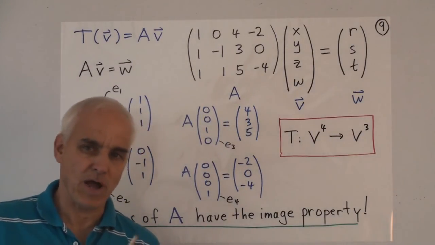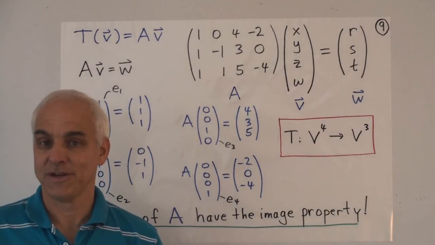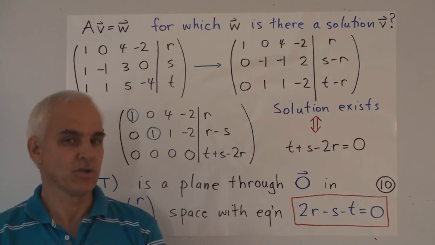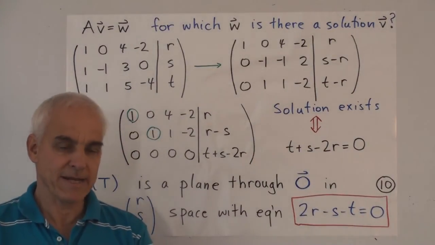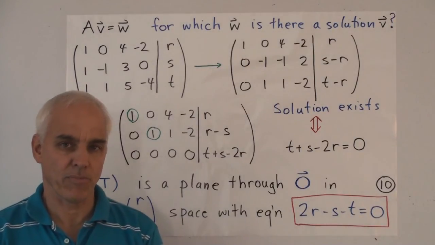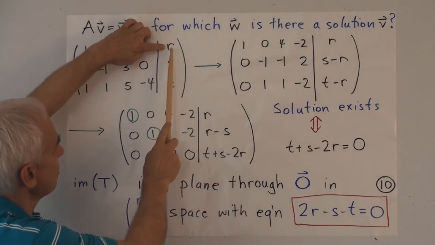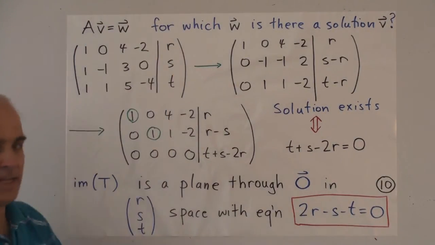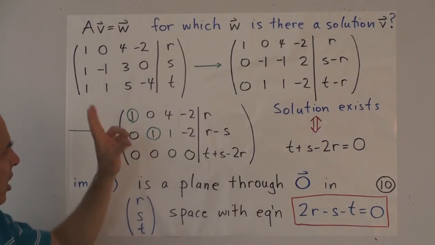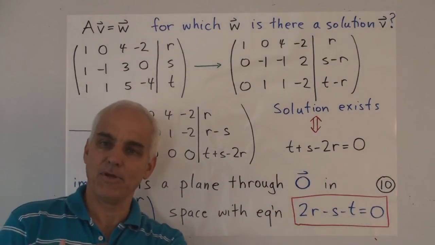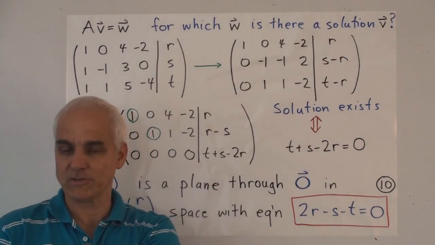So how do we describe all of the vectors that have this image property? This is also a row reduction question, but it's a little bit more subtle than the kernel question. We're interested in a vector W with components R, S, and T, let's say. We'll use R, S, and T to not get confused with X, Y, Z, and W coordinates in our 4-dimensional space.